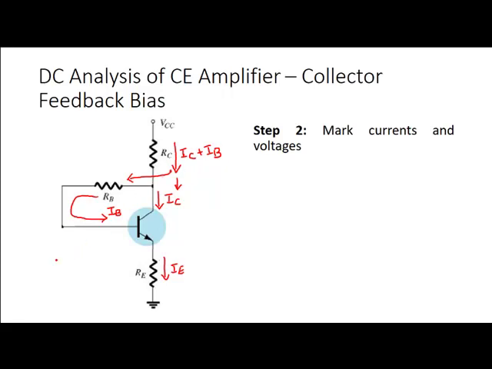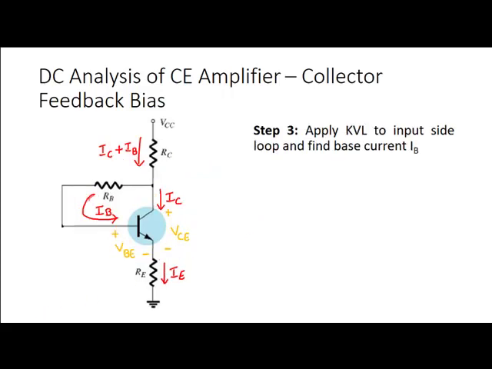Once all the currents are noted, let me mark the different voltages. The voltage that appears between base and emitter terminal is VBE. Normally it will be around 0.7 volt for silicon BJT, and the voltage across the device is VCE. Now we are ready to perform the DC analysis.